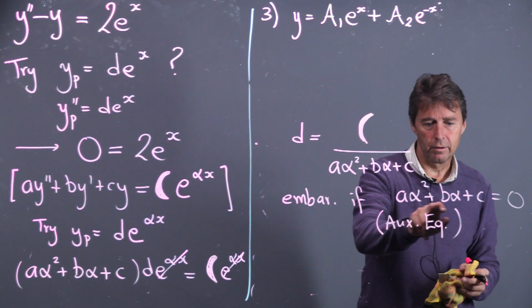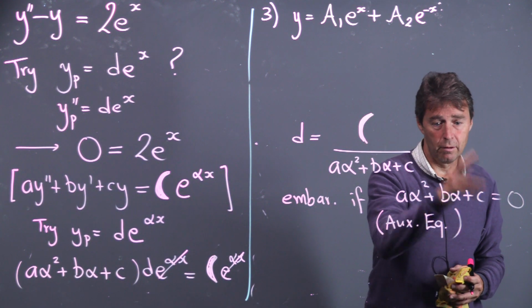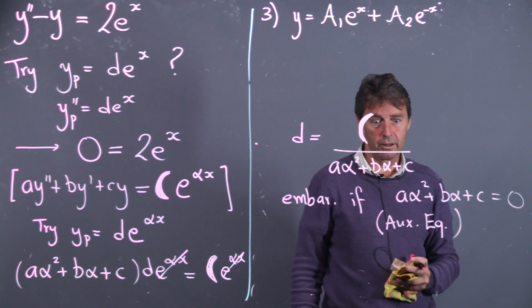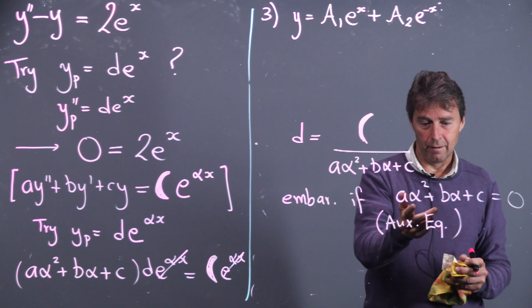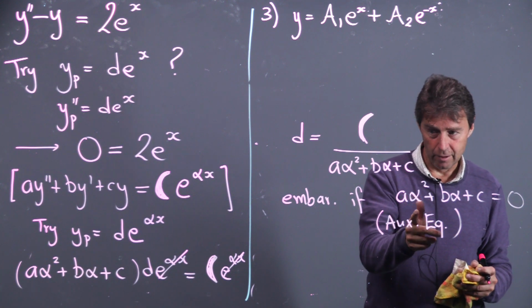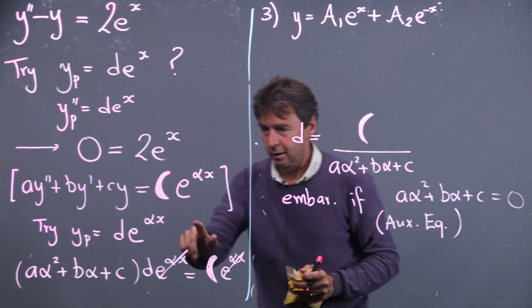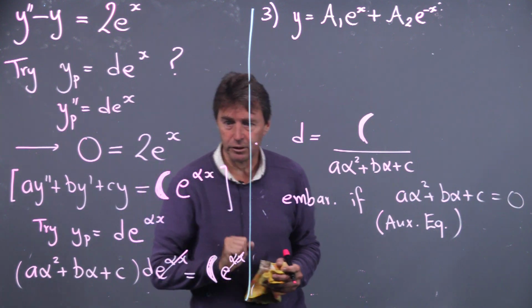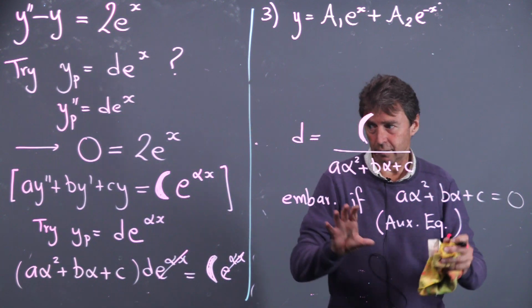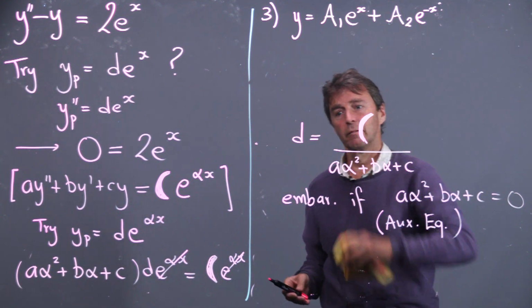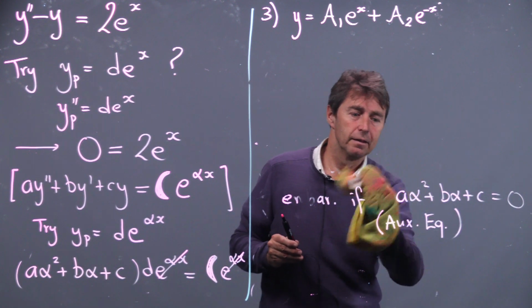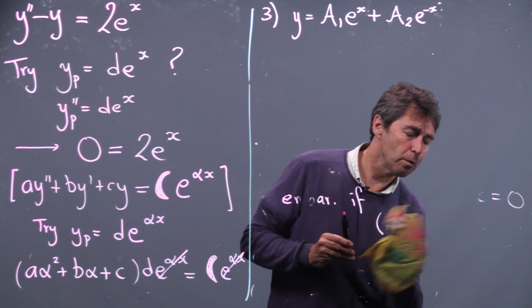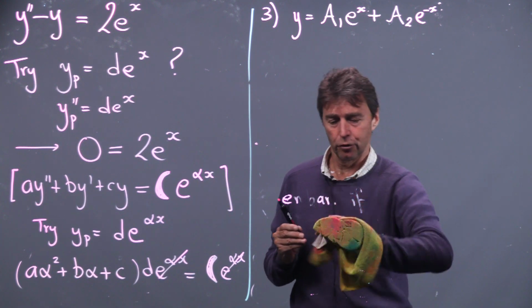So if alpha turns out to be one of the solutions of the auxiliary equation, one of the roots of that polynomial, we're in trouble. In other words, if alpha in here gives you a homogeneous solution, that's when this thing doesn't work. So this is a general thing. If it turns out that the right-hand side is a homogeneous solution, you're in trouble.